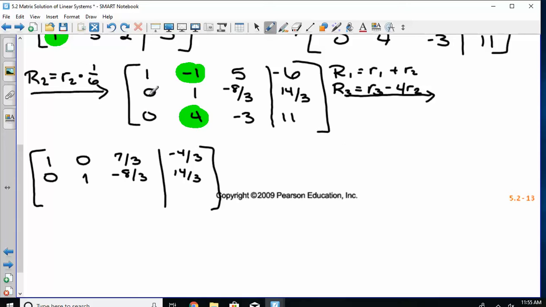So 0 minus 4 times 0, still 0. 4 minus 4 times 1 gives us a 0. Negative 3 minus 4 times negative 8/3.